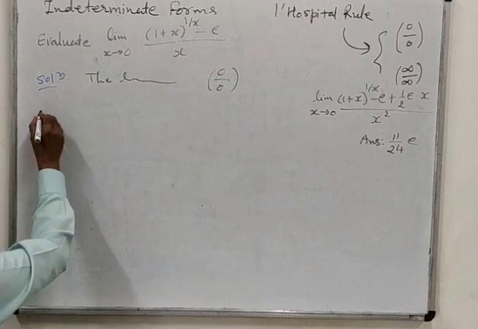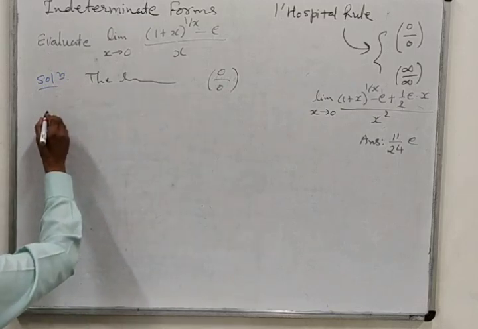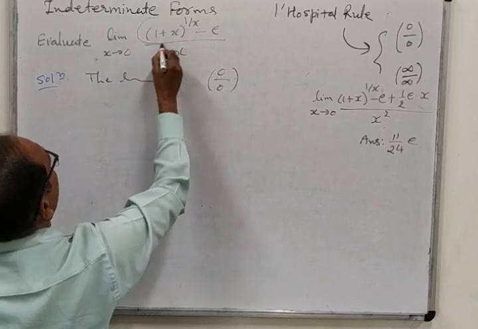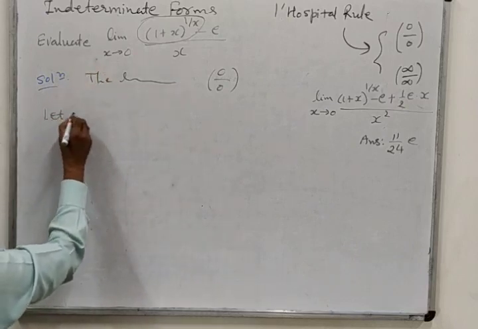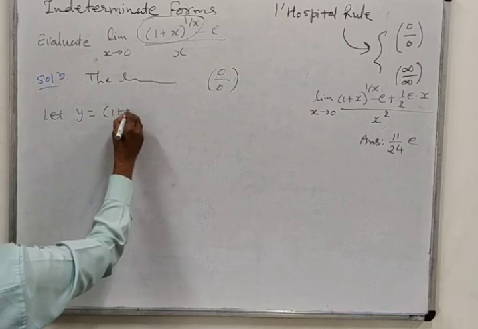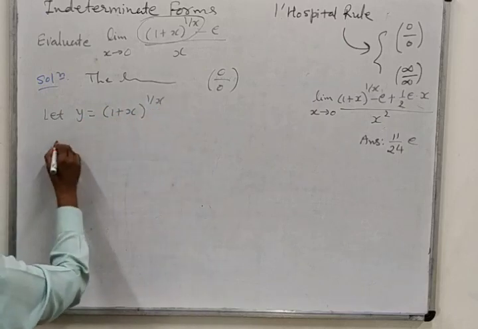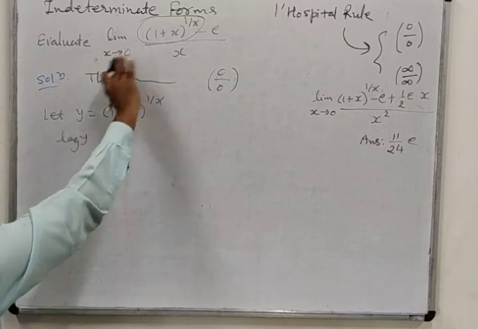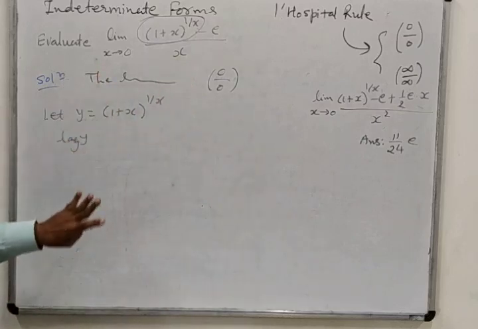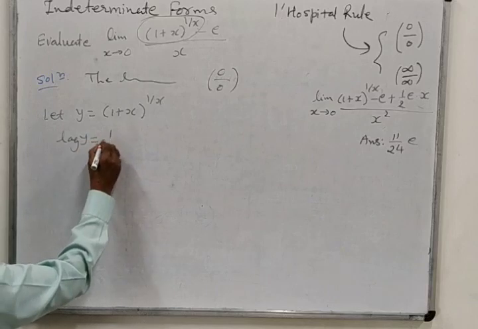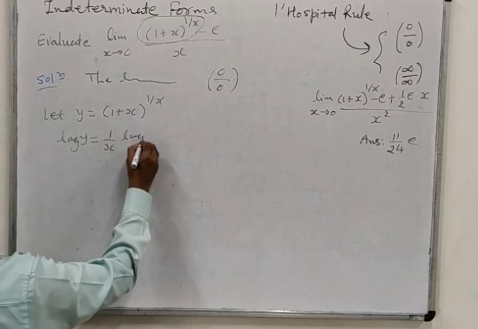So we will make use of the Taylor series, Maclaurin series expansion, and first put (1 plus x) whole raised to 1 upon x into simplified form. We will assume y equal to (1 plus x) whole raised to 1 upon x. Then, before applying L'Hopital rule, we take the log, and it becomes 1 upon x into log of (1 plus x).